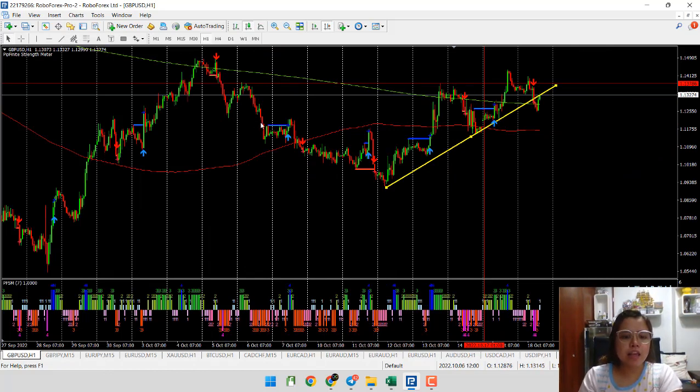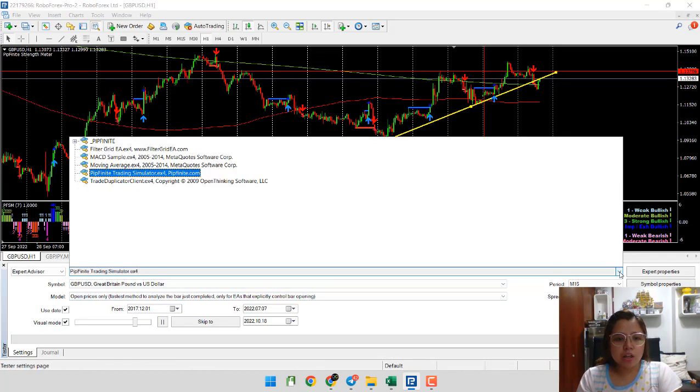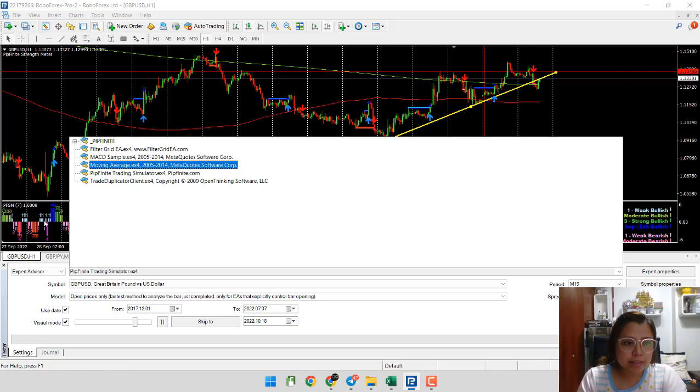And then next is, if you would want to do back testing with the tools that you would want to test out, you don't need to go through your tools right here. All you have to do is just click on Control plus R, and then you will be able to see all the available tools that you can test.